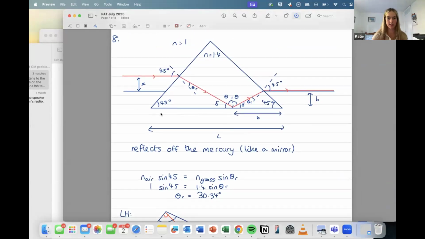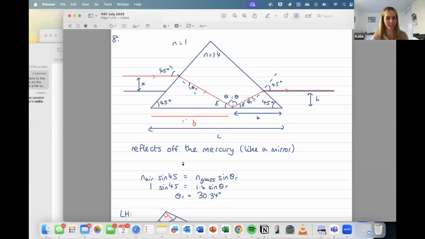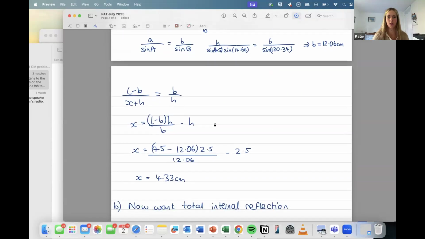So this distance is going to be L minus B, and this is going to be H plus X. So I'm going to say that the ratio of L minus B over H plus X is going to be equal to whatever it is for this triangle. Here, B is my base and H is my height. So L minus B over X plus H is equal to B over H.